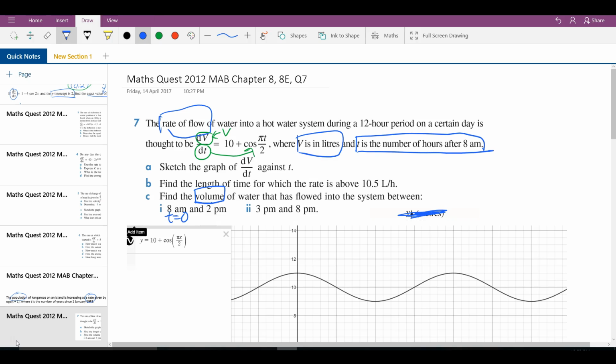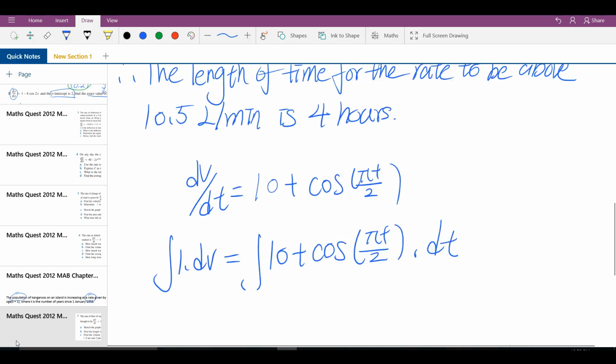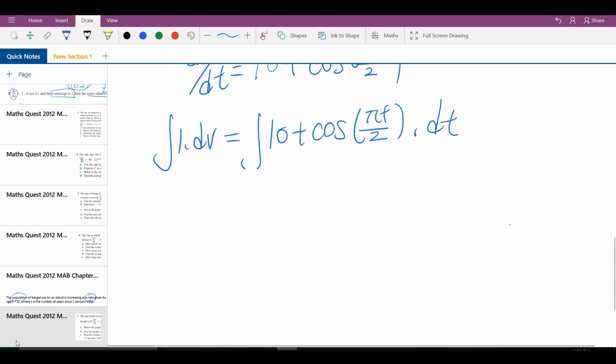And at 2 p.m., there will be 6 hours after 8 a.m. Since we're looking for the total amount of water flowing in between those two times, we have to use a definite integral, so we put 6 on top and 0 at the bottom.